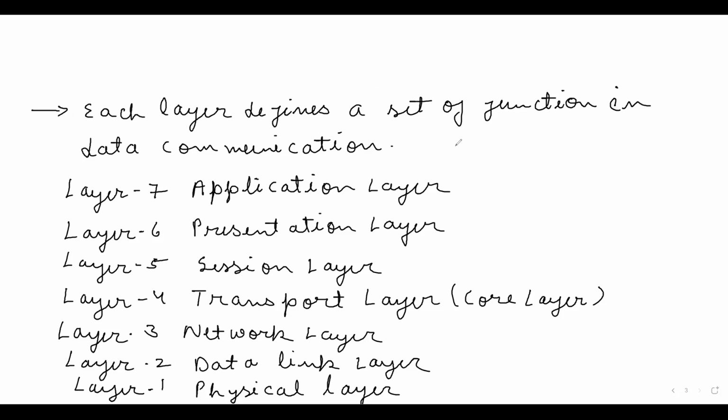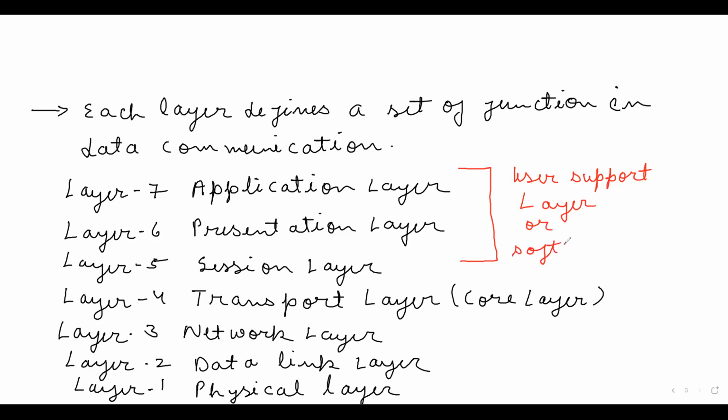Okay. So 7, 6, and 5. These are, we can say, user support layers, or you can say software layers.